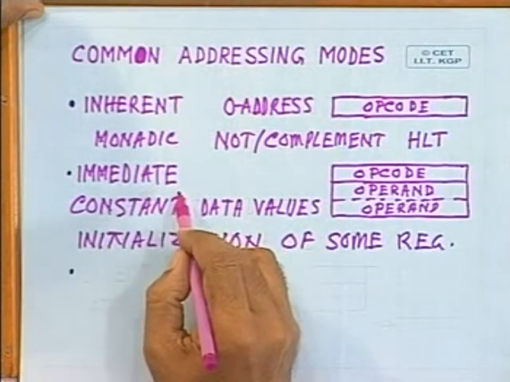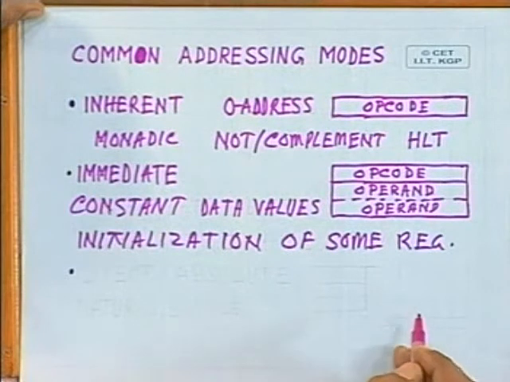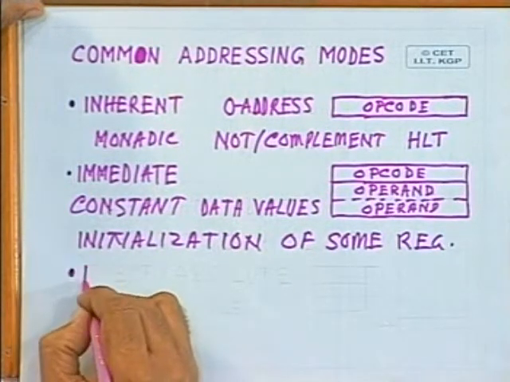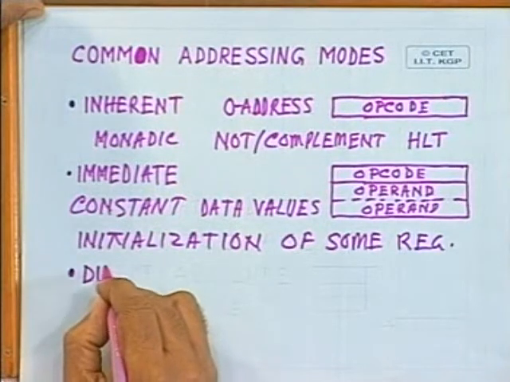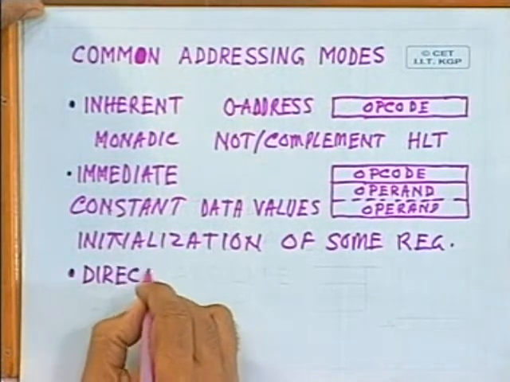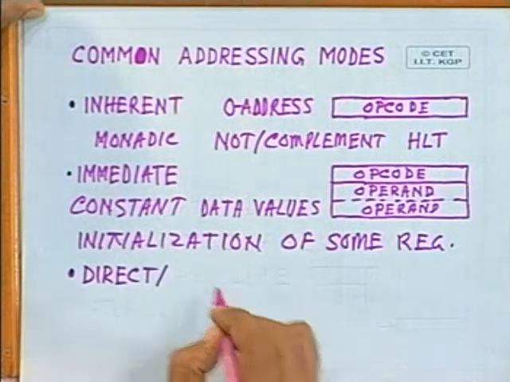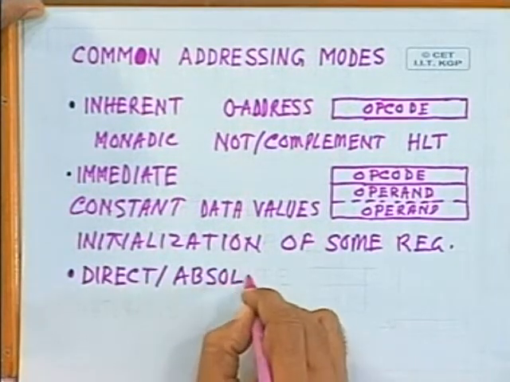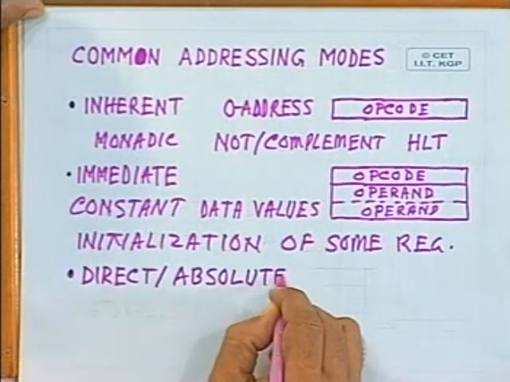So, immediate addressing is more or less provided in all microprocessors. Then the third type is known as direct or absolute addressing mode.